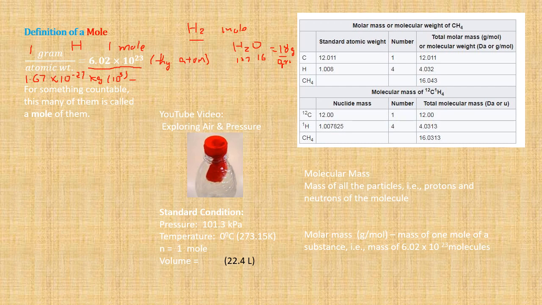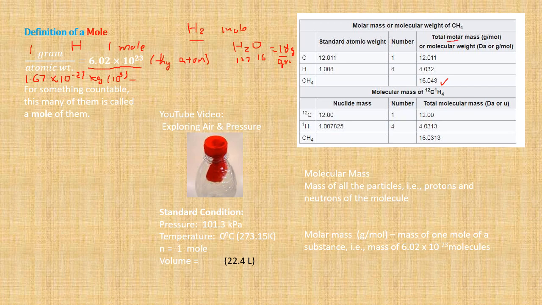Therefore, the molecular mass of methane is carbon 12 plus H4, which is 4 of these, so 12 plus 4, you get 16. That's the molecular mass, or molar mass.